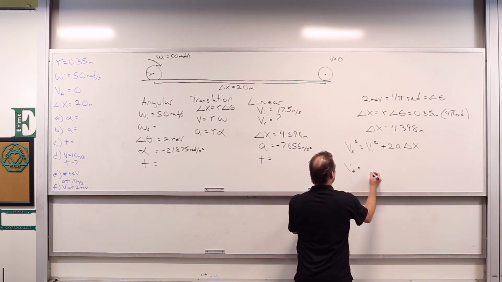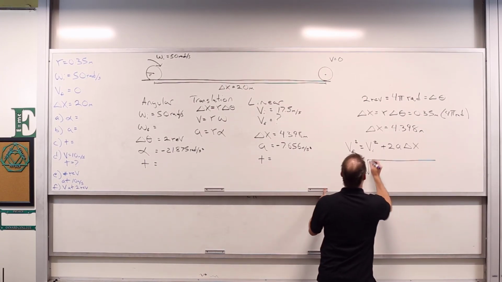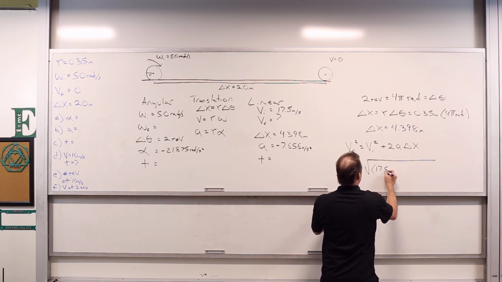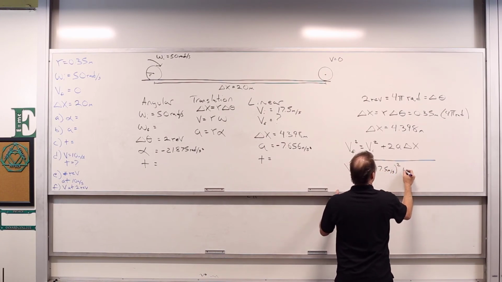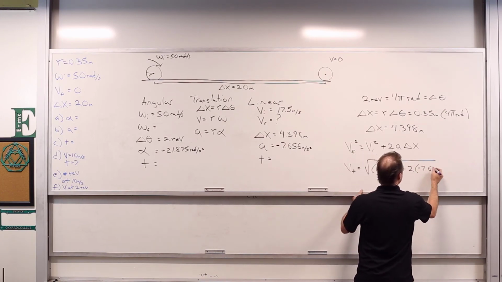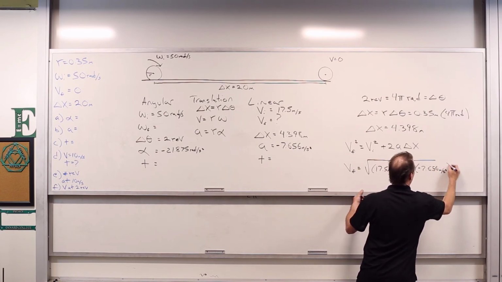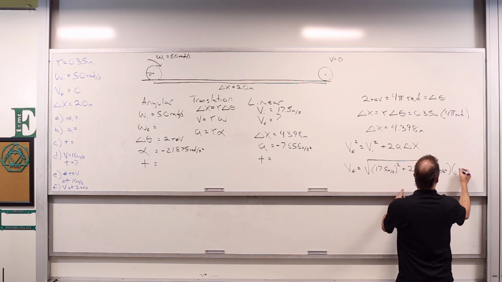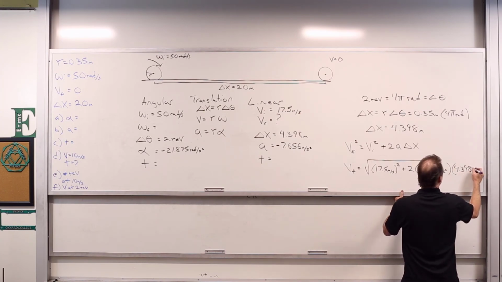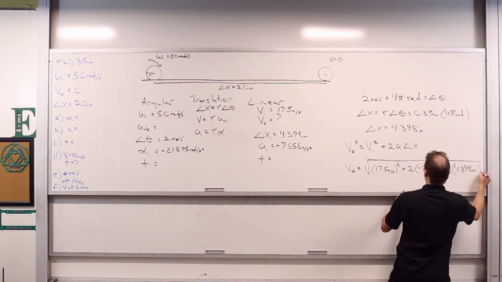V final is equal to the square root of v initial, 17.5 meters per second, quantity squared, plus 2 times negative 7.656 meters per second squared times the delta x, which we found to be 4.398 meters.